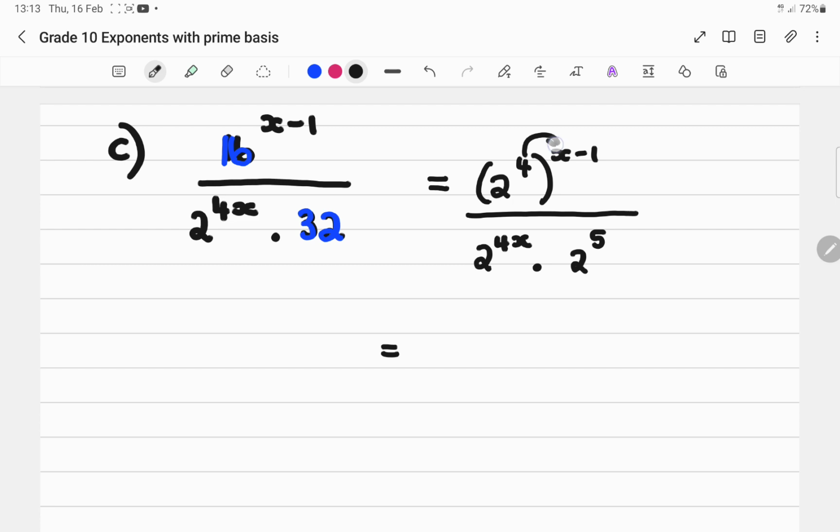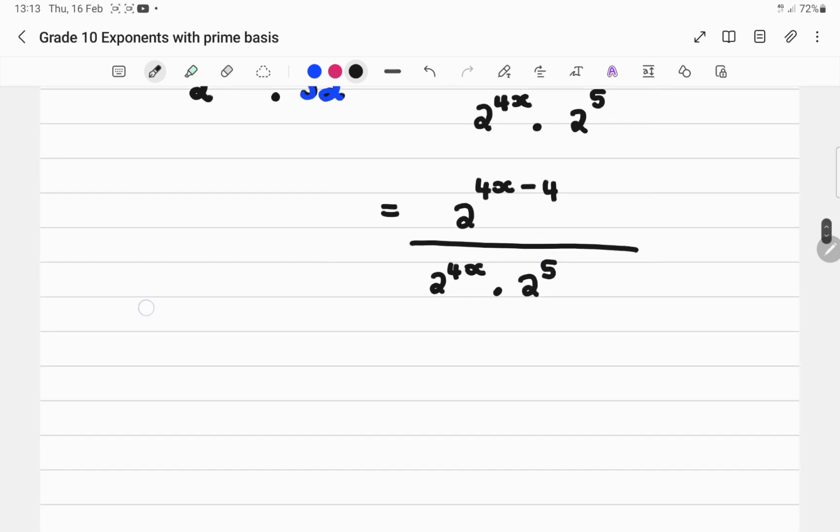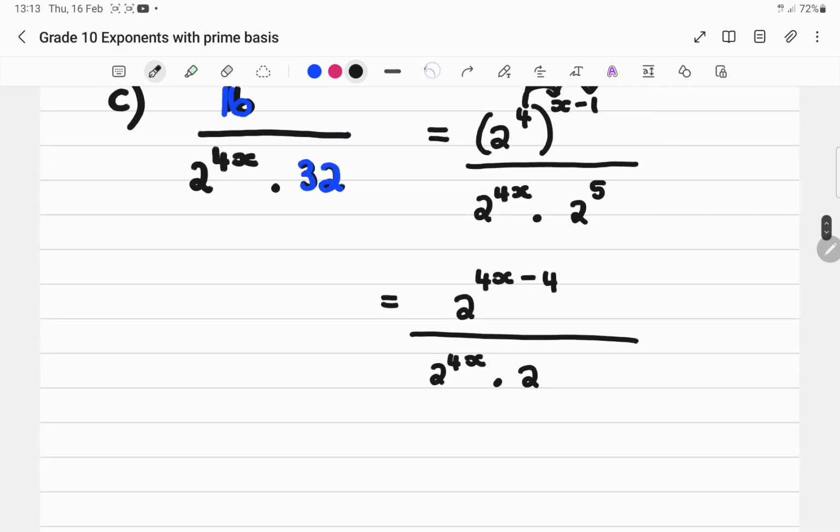Then this 4 is not just going to multiply with the x, it has to multiply with the x and the negative 1. So it's going to become 2 to the power 4x minus 4 over 2 to the power 4x times 2 to the power 5. And those we could have actually, I'm going to bring them together because they've got the same base. I keep the same base and I add the exponents.